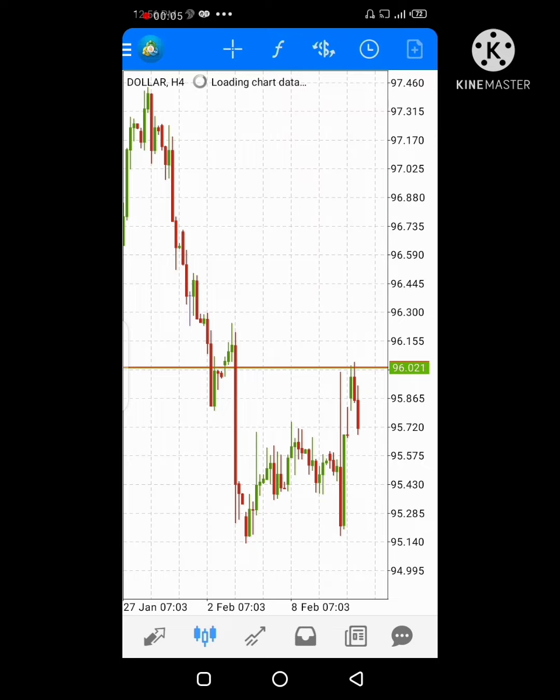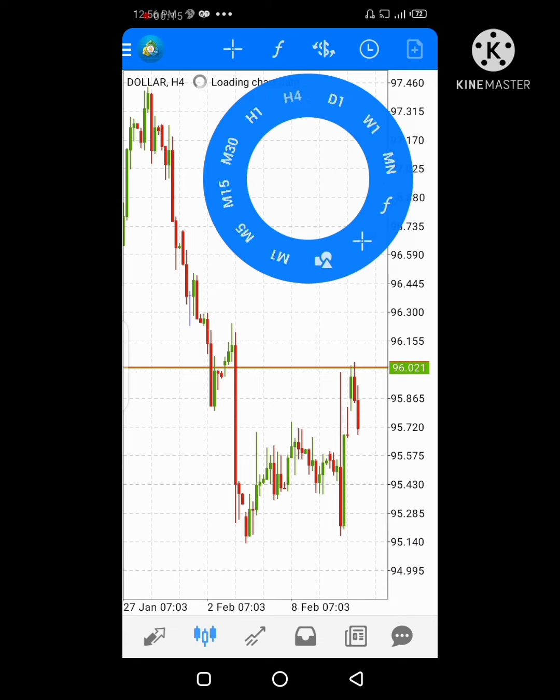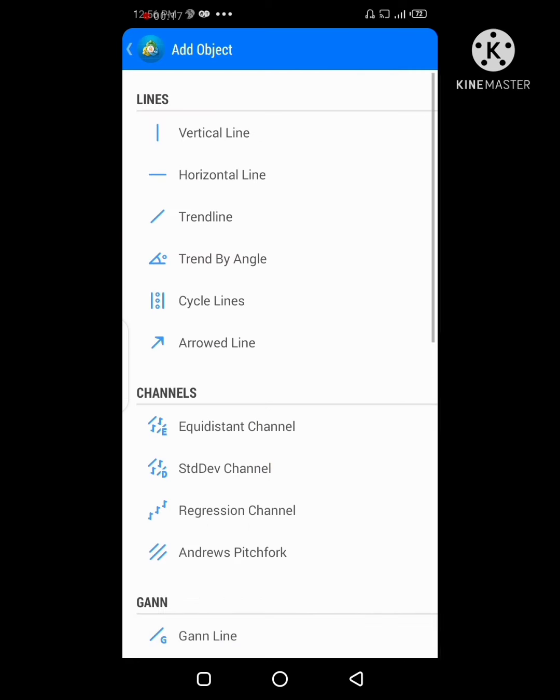So now I'm going to talk about how to identify the head and shoulder pattern, which is our second topic. And I'm going to be doing that using arrows.